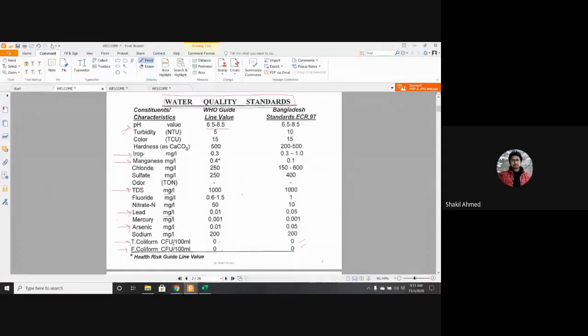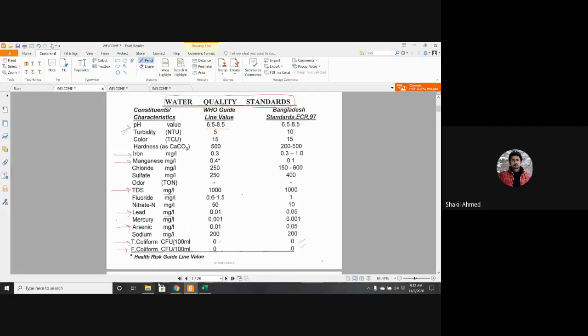So far we have discussed different types of pollutants like iron, manganese, and microbial contaminants. Now let's discuss how to treat the water to remove these pollutants.